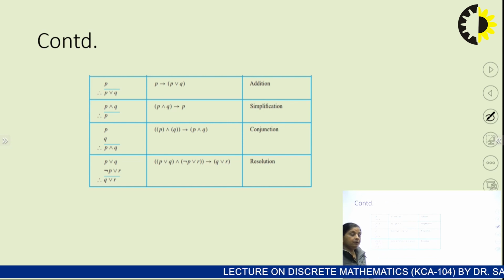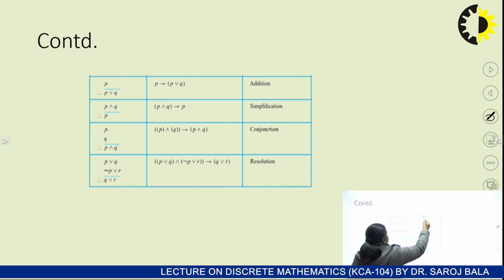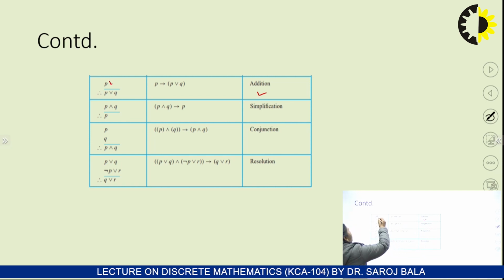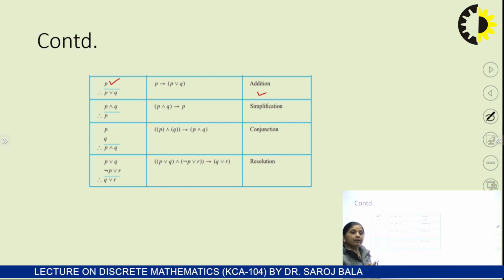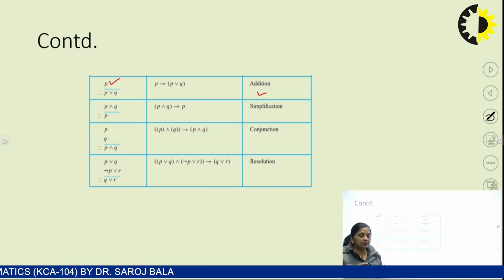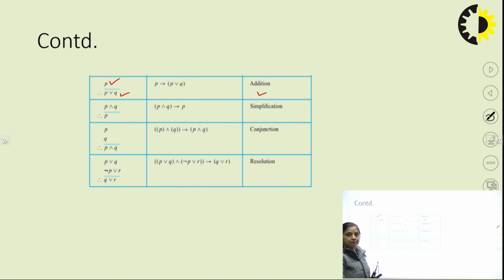Now another rule, addition. What is the addition rule? If P is given as true, then we can take the disjunction with any other statement, and that will definitely be true, because in P or Q the value does not depend on Q, since P is already true.